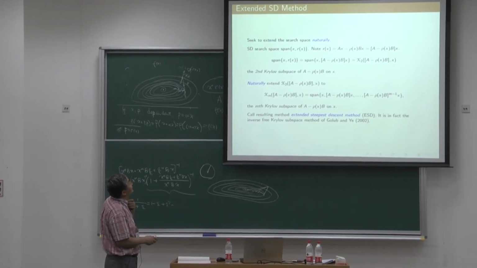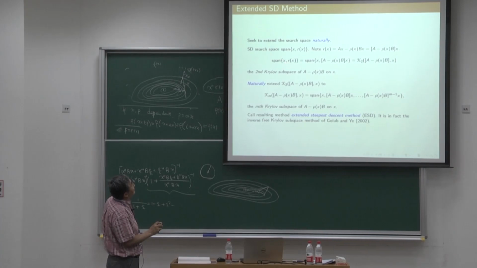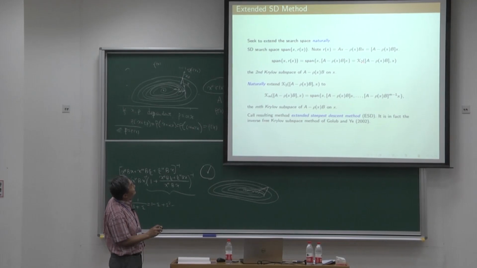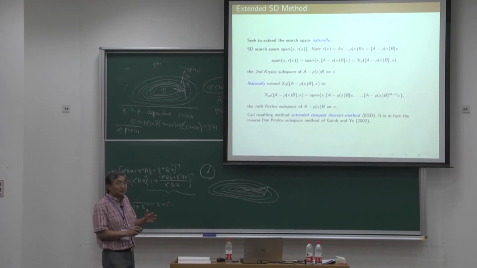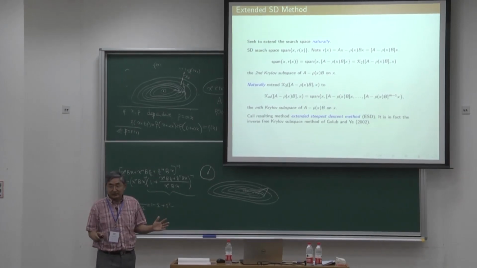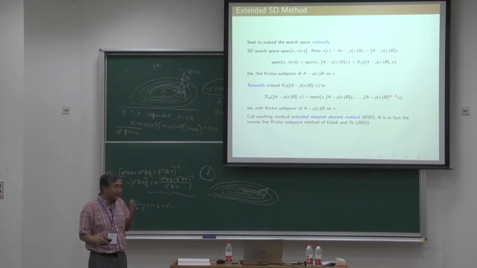The extended method is basically doing this: you look at the residual. You look at the residual. The search space is X, Rx, right? Then the search space turns out to be a Krylov subspace of order 2 of the matrix A minus rho X B. And then naturally I can make the space better using a higher order Krylov subspace.